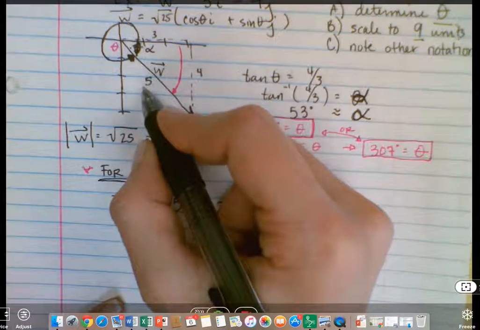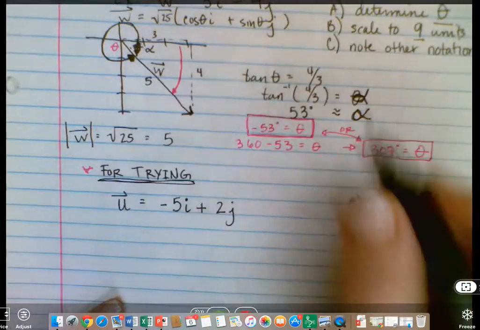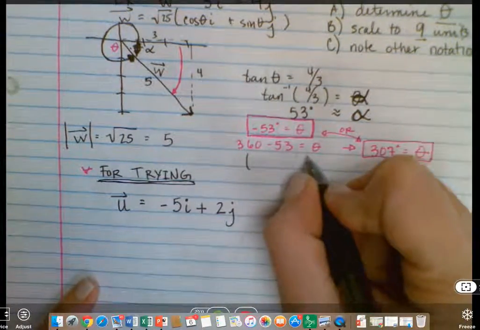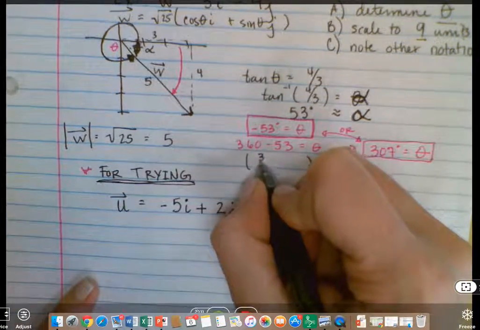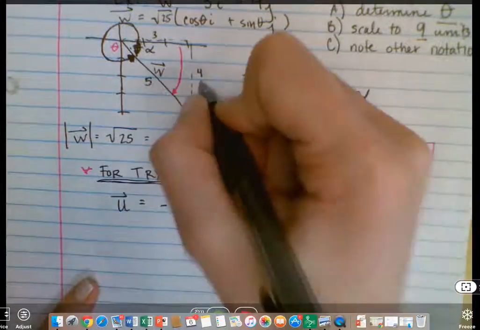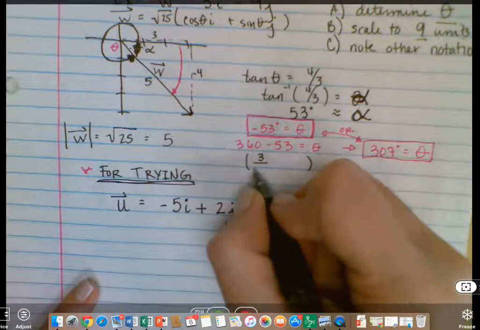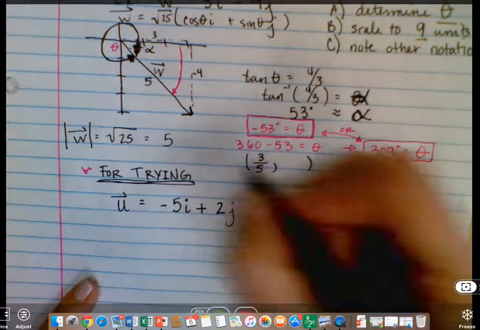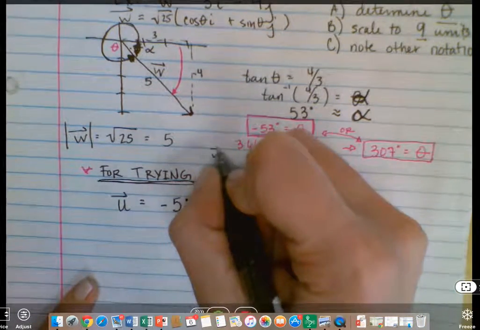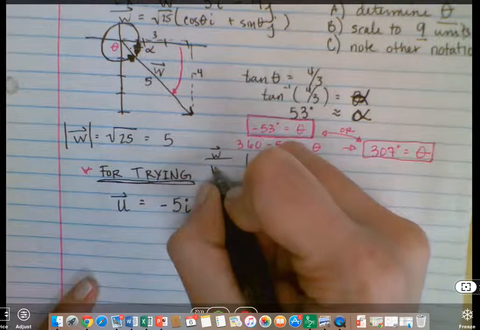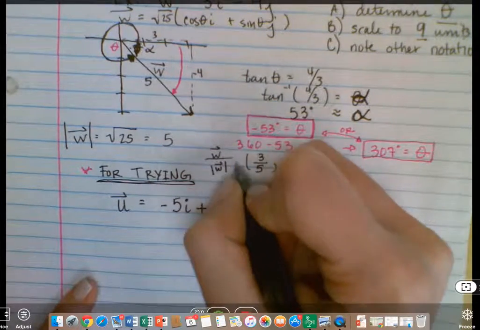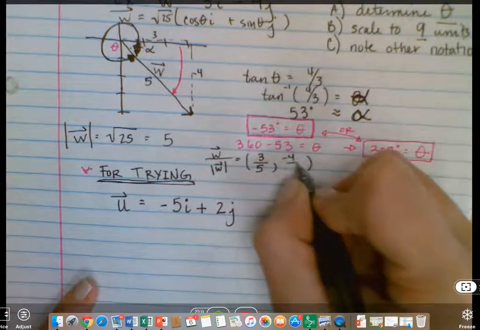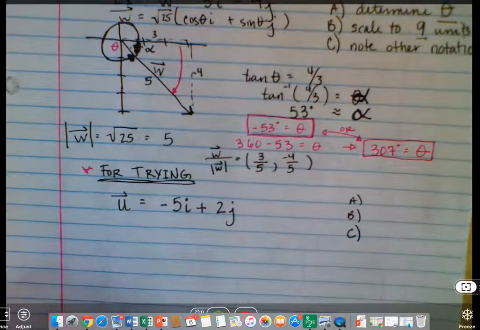So my original vector was 5 units long. So I'm going to scale it down. I do that by simply putting it over the magnitude. So w over the magnitude of w. That would be the unit vector for that guy.